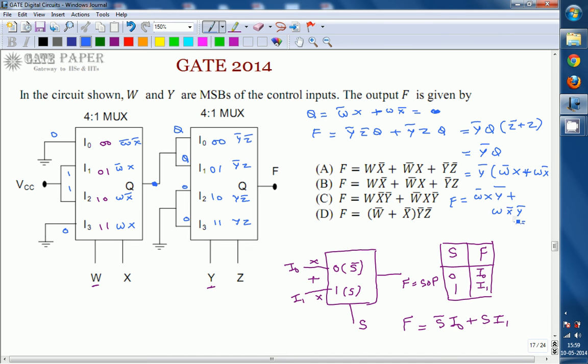This is the expression for F: W bar X Y bar first, and W X bar Y bar, which is what we are getting. So the right answer for this question is C. Thank you.